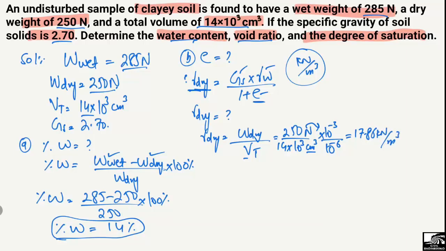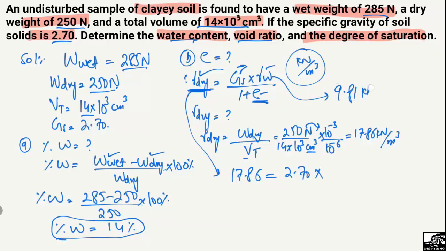The next one is the void ratio. Now we know gamma dry, specific gravity, and gamma W, so we can easily find e, the void ratio, from this equation. Gamma dry, 17.86, is equal to the specific gravity 2.70, multiplying with gamma W, which is 9.81 kilonewton per cubic meter.